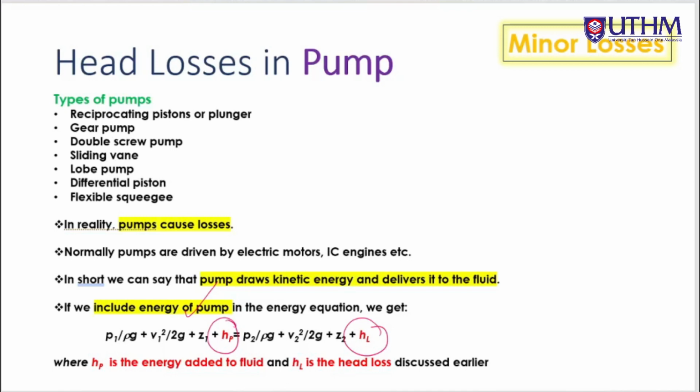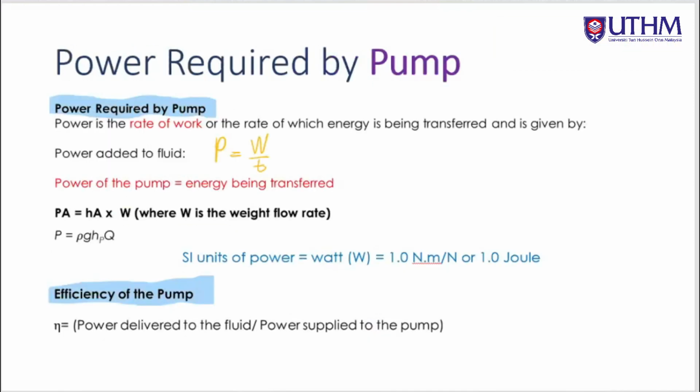Okay, so next is the power required by the pump, and this is some related equation in order to calculate the power for the pump. So power is actually the rate of work or the rate at which energy is being transferred, and then how to calculate the power of the pump is rho GHQ, and how to calculate the efficiency is here.